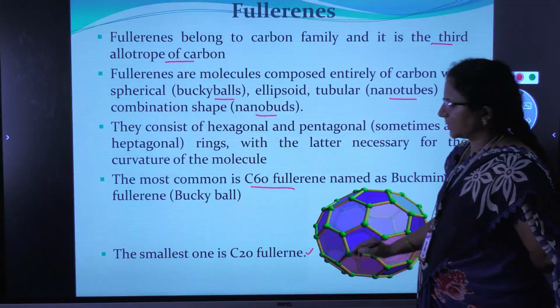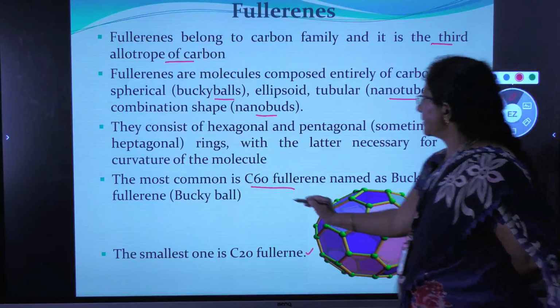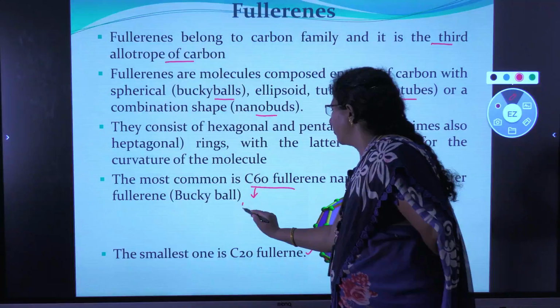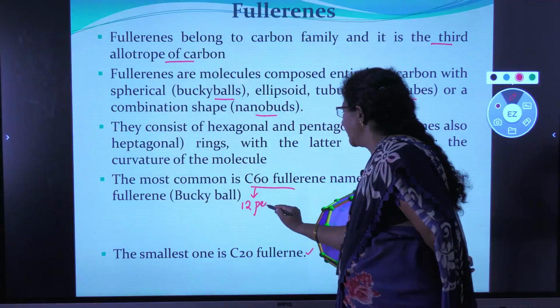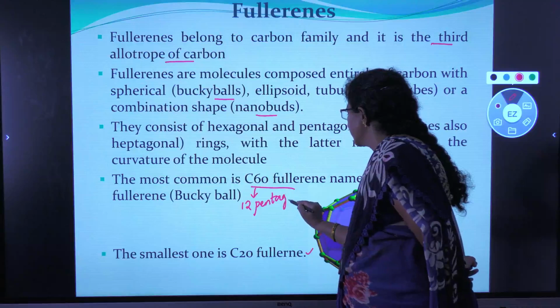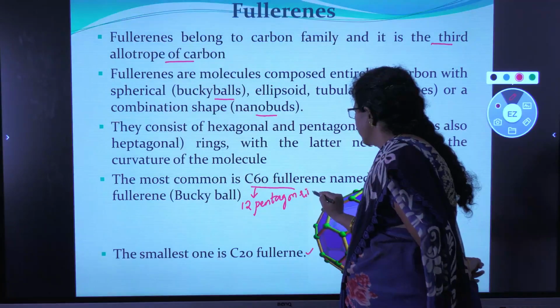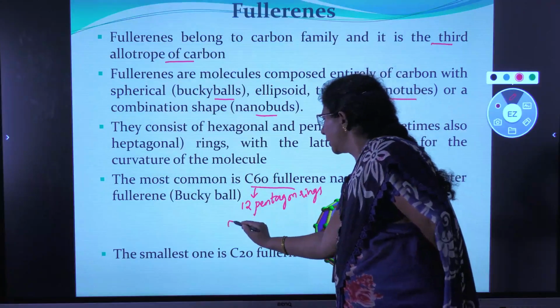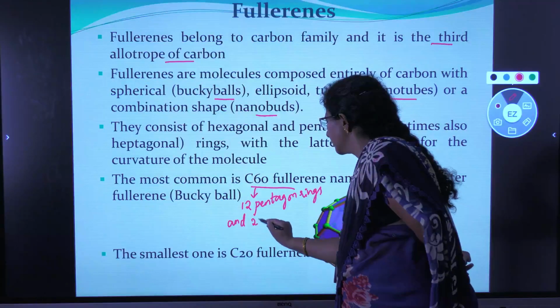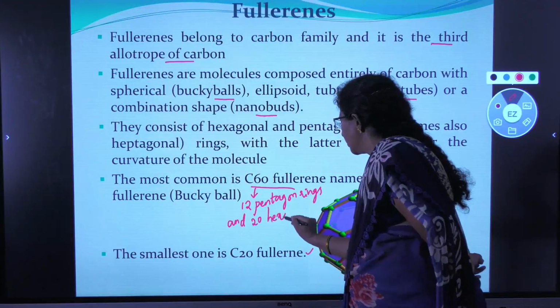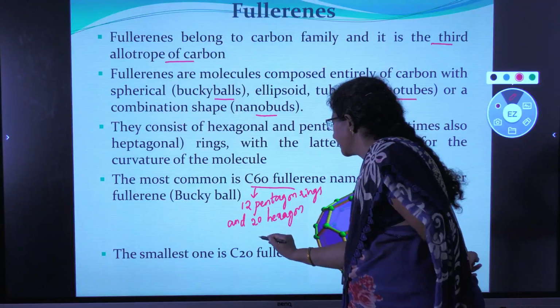So coming to the C60 fullerene, this C60 fullerene consists of 12 pentagon rings and 20 hexagon rings.